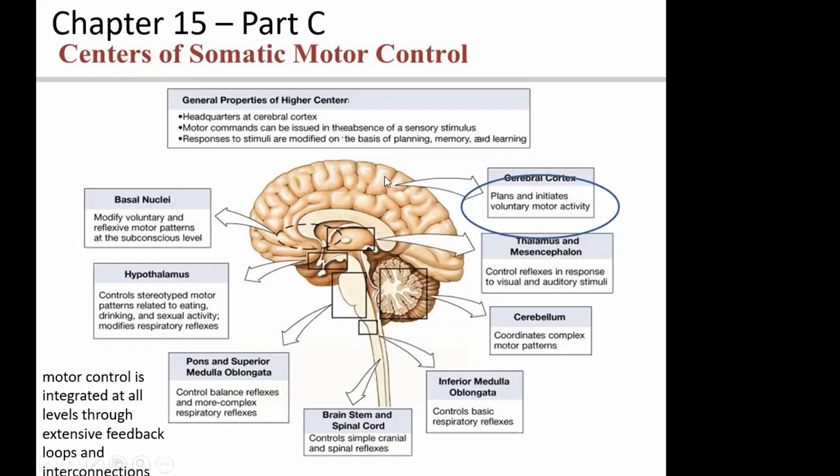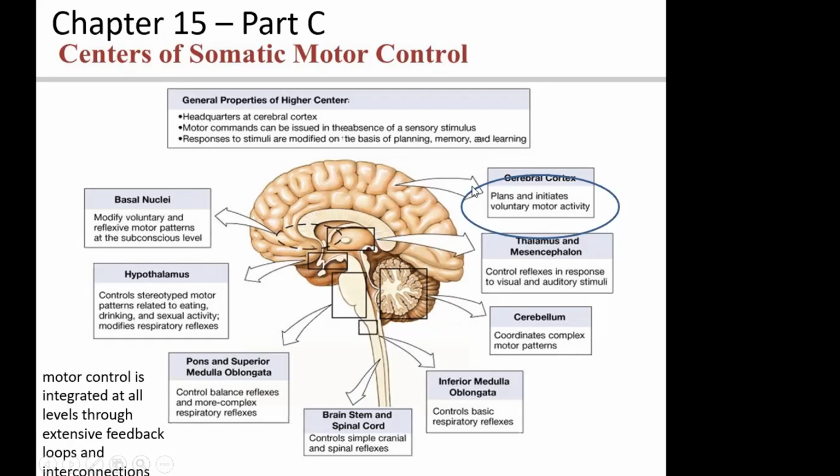Now, even though I circled the cerebral cortex here, which plans and initiates the voluntary motor activities, keep in mind this little note that I put for you over in the bottom left. Motor control is integrated at all levels through extensive feedback loops and interconnections. That's why you will see information here from multiple parts of the brain.